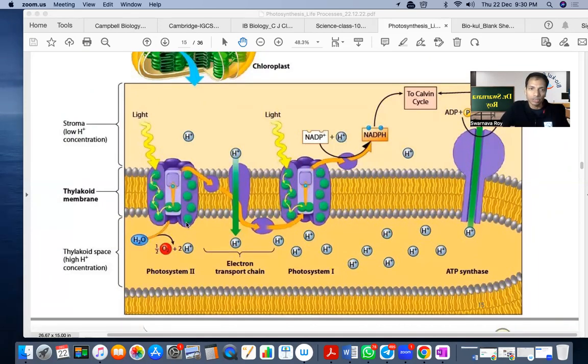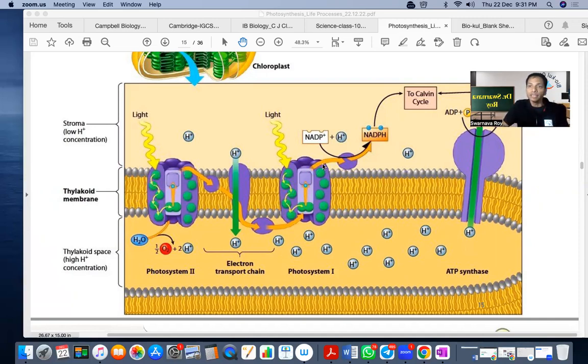Logically, this should have been photosystem 1 and this photosystem 2, but it is based on the discovery. Photosystem 1 was discovered earlier, that's why it's called photosystem 1. Photosystem 2 was discovered later, that's why it is called photosystem 2. Although, if you look at the sequence, photosystem 2 is present before photosystem 1.